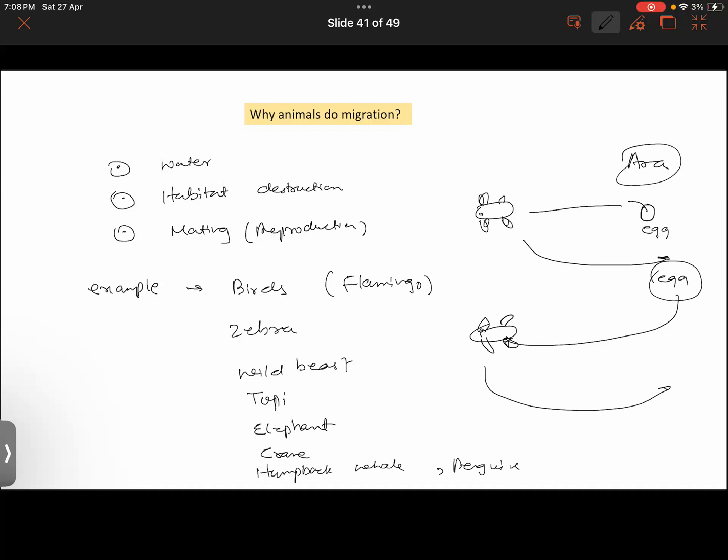Then you have bats also, they also do migration. So you guys tell me, why do animals do migration? In search of water. Or mating, breeding, basically mating or breeding, good. Or if their habitat was destroyed, habitat is destroyed, correct.